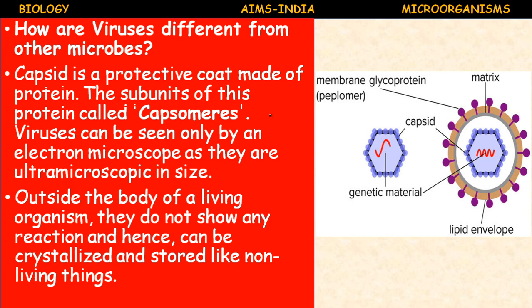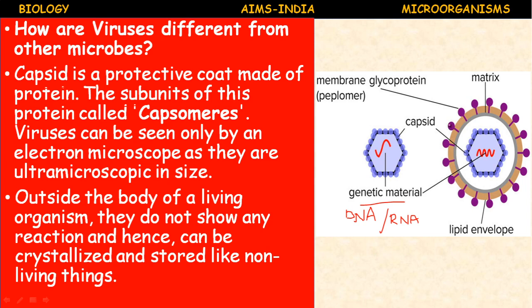See here, this is a virus. It contains the genetic material, either DNA or RNA. What is genetic material? Deoxyribonucleic acid, DNA, or RNA. So if DNA is present, it is called a DNA virus. If RNA is present, an RNA virus. Because it is the very important structure which decides the fate of the virus.